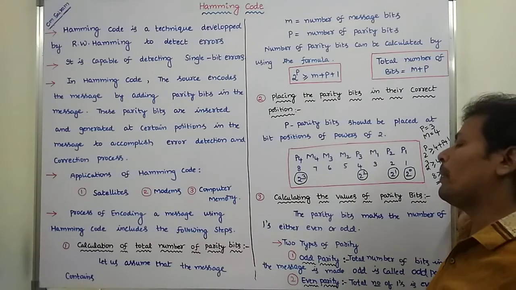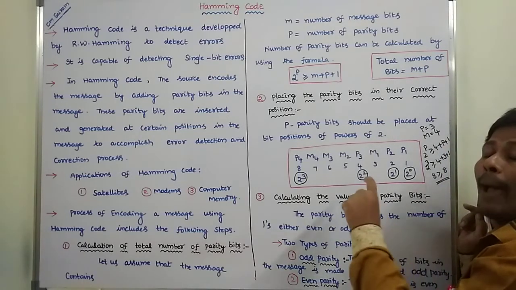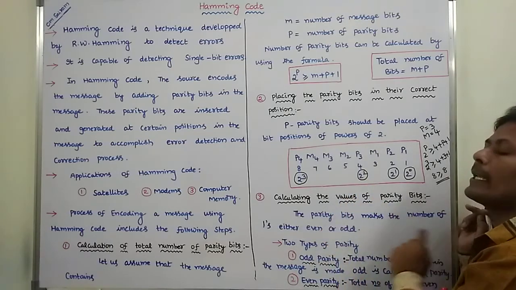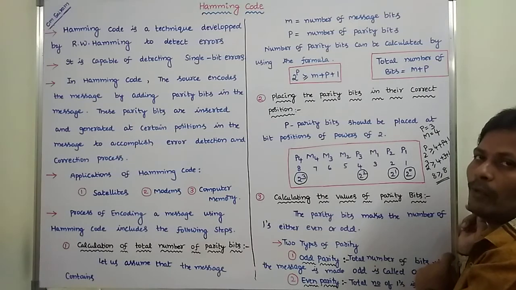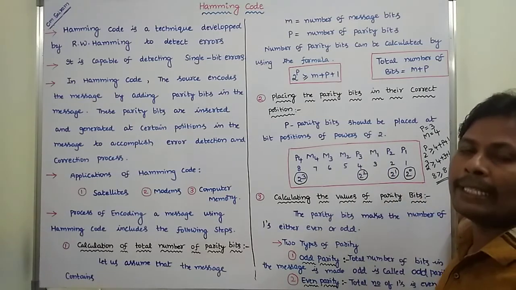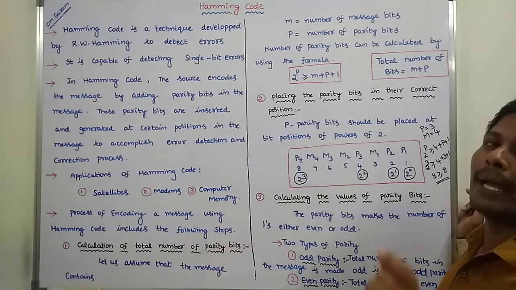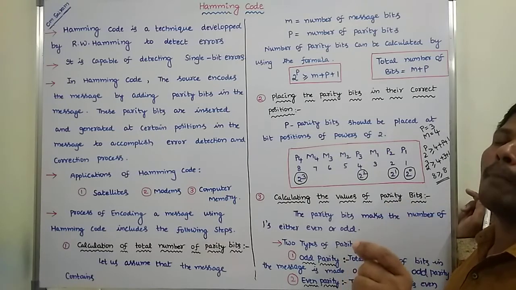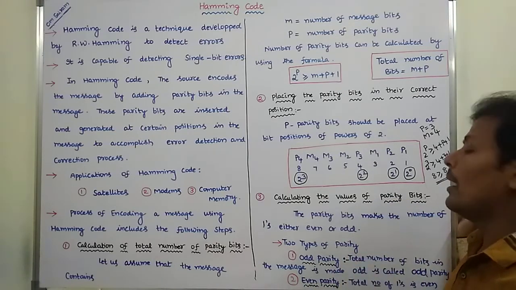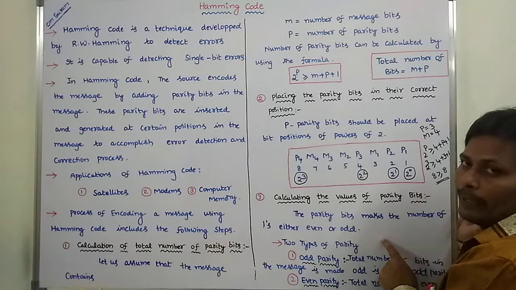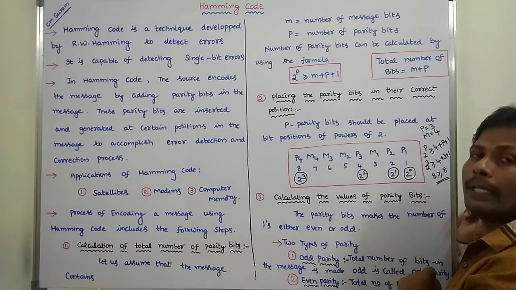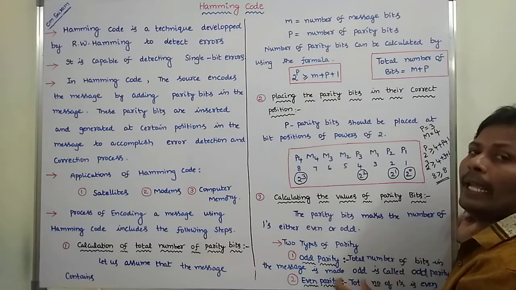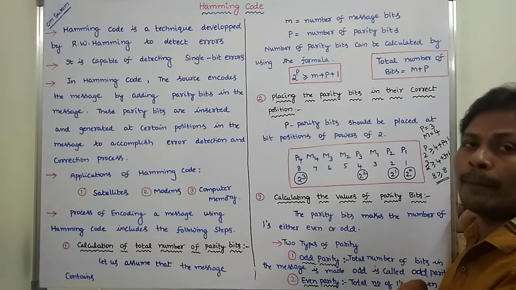Before that, the parity bits make the number of ones either even or odd. Once we add the parity bits to the message bits, the total number of ones may be either even or odd. So there are two types of parity: odd parity and even parity.